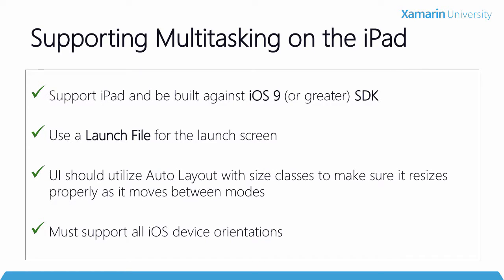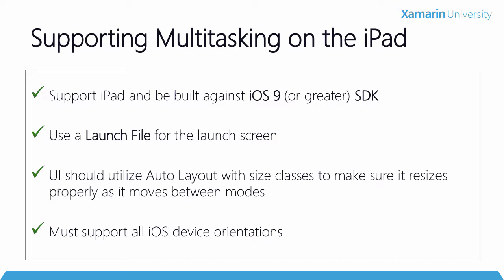So in order to support multitasking on the iPad, there's a few things that we need to make sure that we do. We have to build against iOS 9. We have to use a launch file for the launch screen. And our user interface, recommended anyway, should use the auto layouts and the size classes because we're going to need to resize depending on where we are.